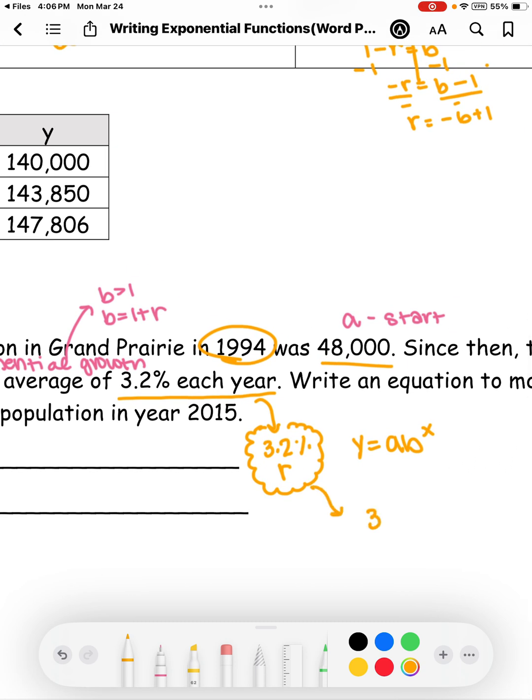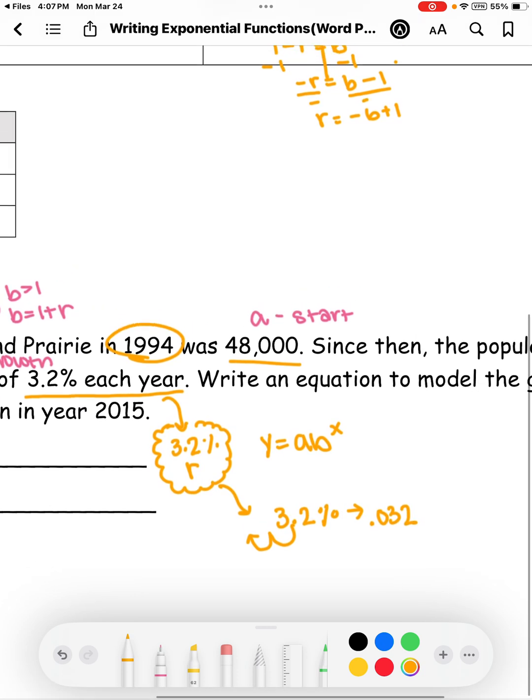First I need to change it into a decimal, so move it two places to the left. And that's going to be 0.032. And because it's growth, I'm going to add 1. So that'll be 1.032. There's my b value.